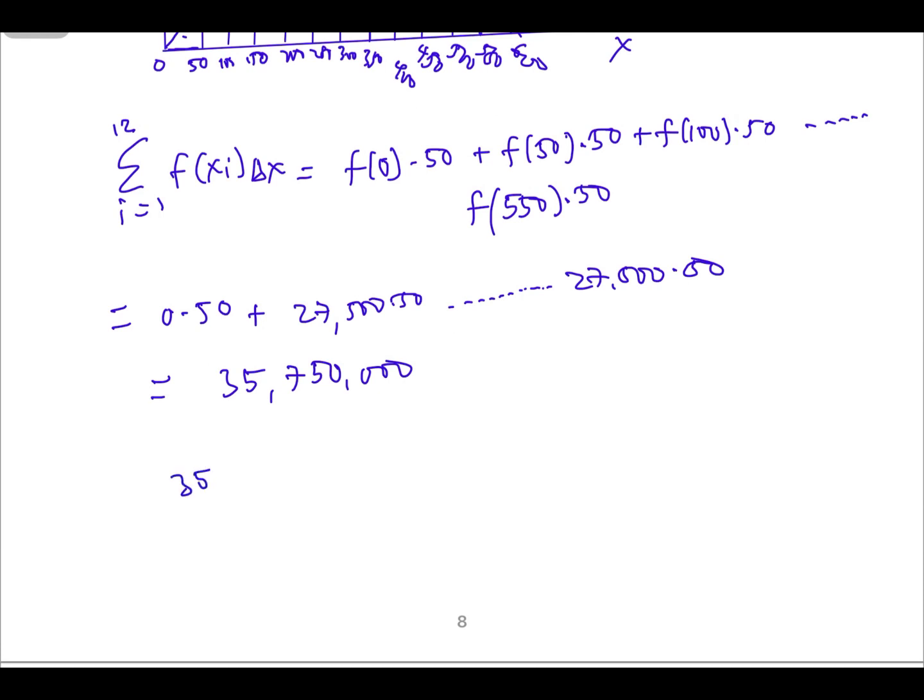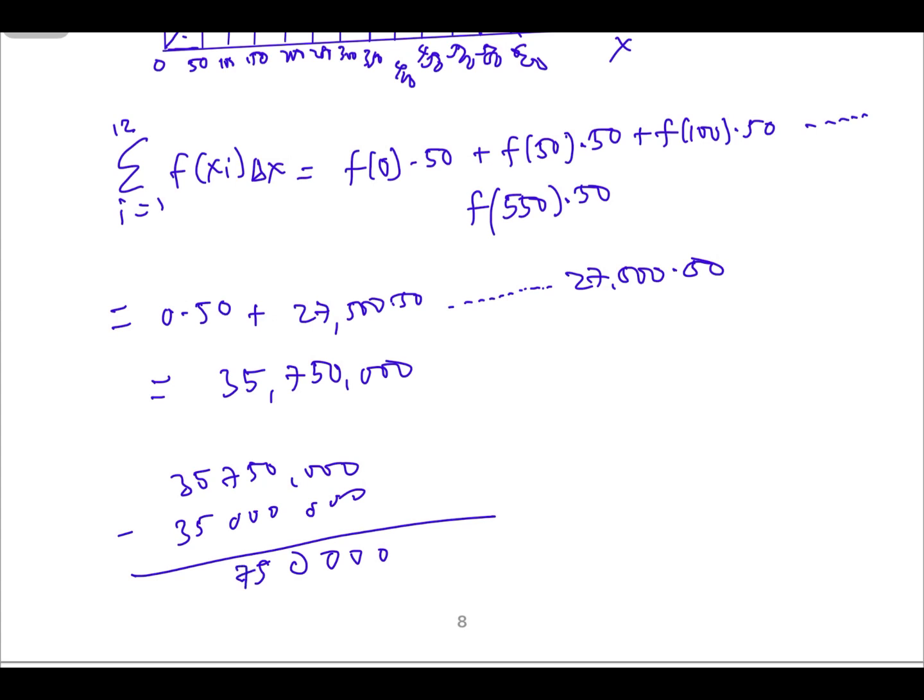You can see that 35,750,000 minus 35 million gives a difference of 750,000.